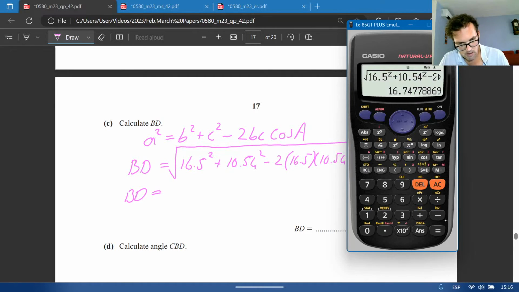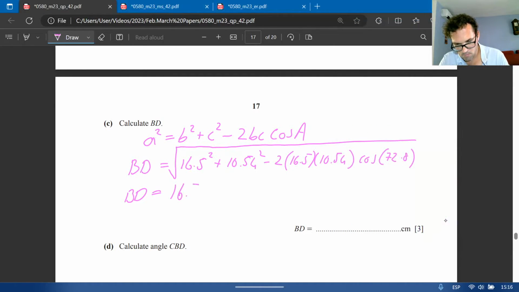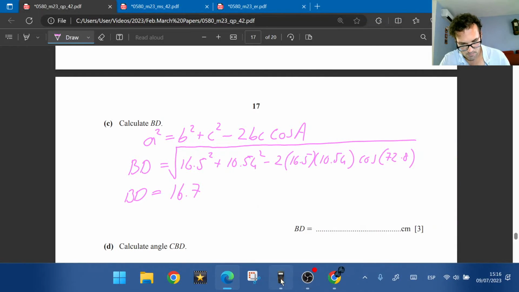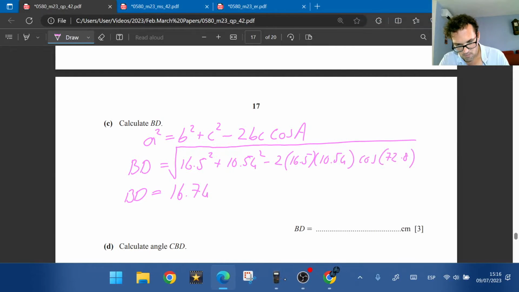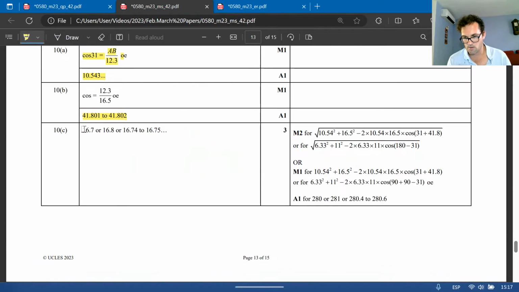Just how easy it is to type the wrong thing. 16.7. 477. Rounded to 3 significant figures. Cut it off there. There's a 4. It stays the same. 16.7. You see when I typed it wrong, I didn't type that number correctly and get the wrong answer. This time I got the right answer.